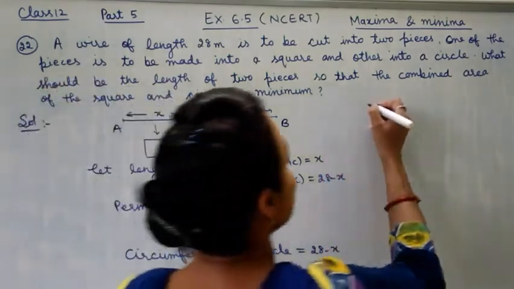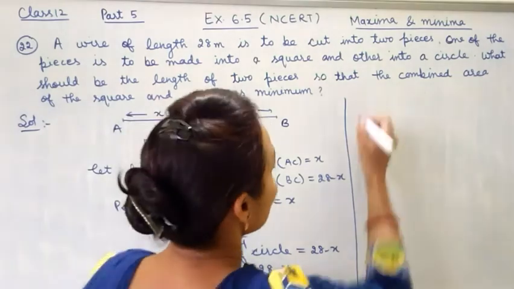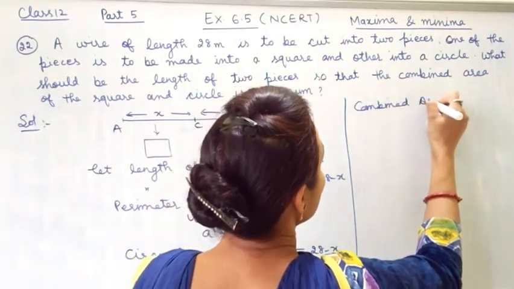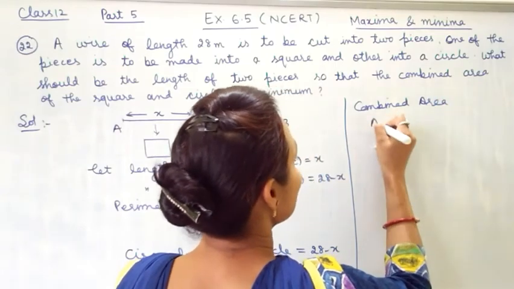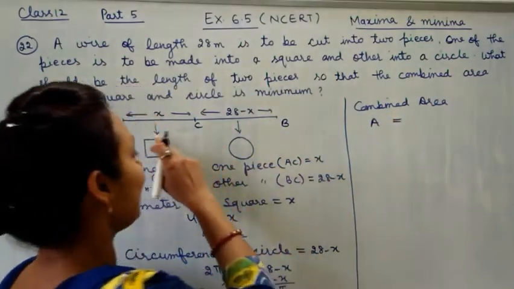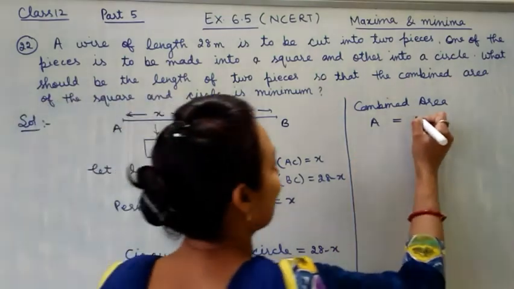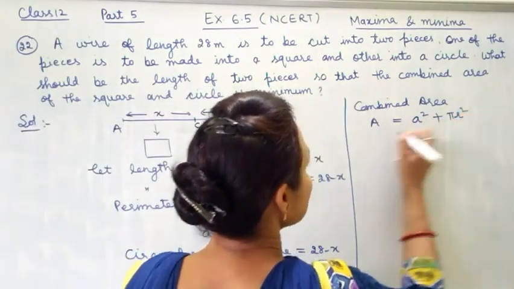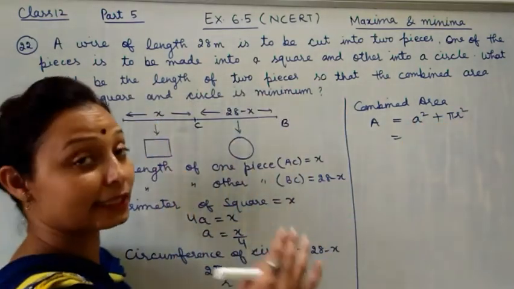Okay, the combined area is represented by A, which is the area of the square, side squared, plus pi r squared, right? What is the value in the form of x?